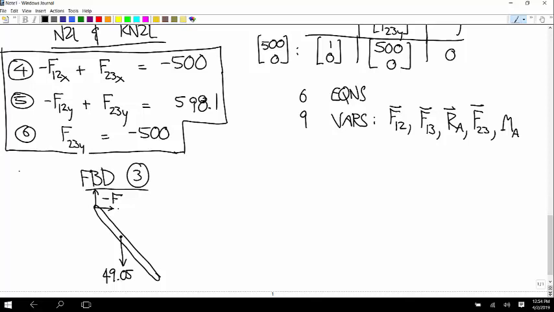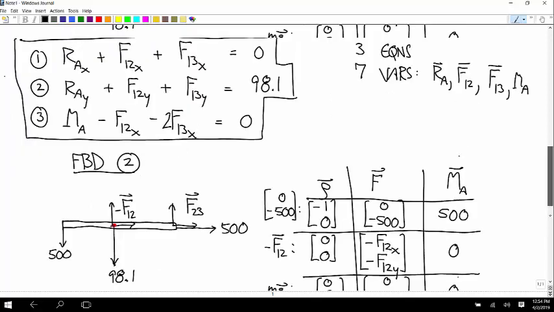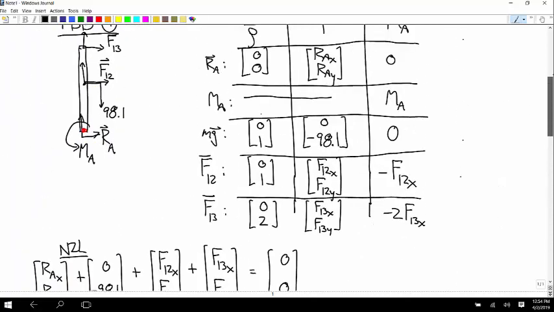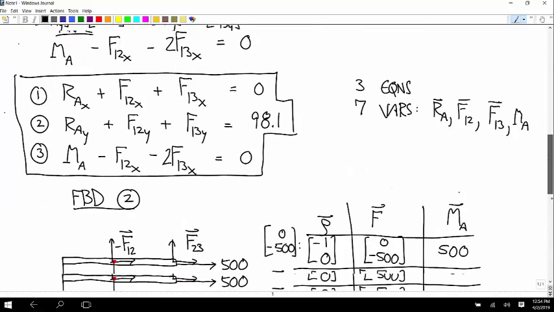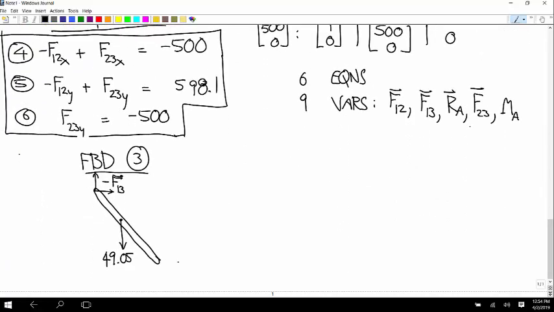So I'll call this negative F13. And then down at the other end, we have to think again about what we're associating the pin with. We decided to associate the pin with member 2, so that 500 Newton force is applied to member 2, not 3. And so the only thing we have here for 3 is the force on 3 by 2. And so that's negative F23. Okay?